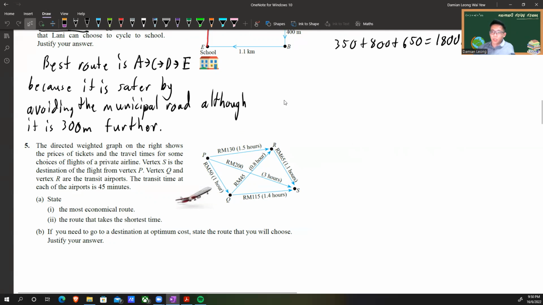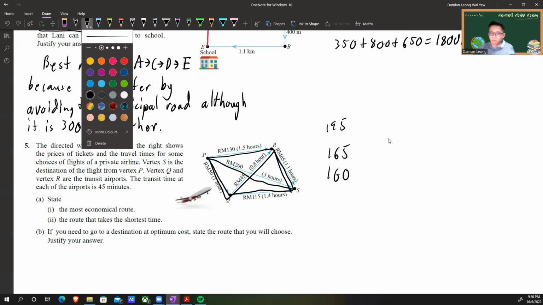P to S, you can either go PRS, which will cost you 195 ringgit. You can go straight to S, 200 ringgit. PQS, 165 ringgit. Or you can also go P to Q to R, then to S. 50 plus 45 plus 65, which is 160. So the cheapest one would be that longest route.